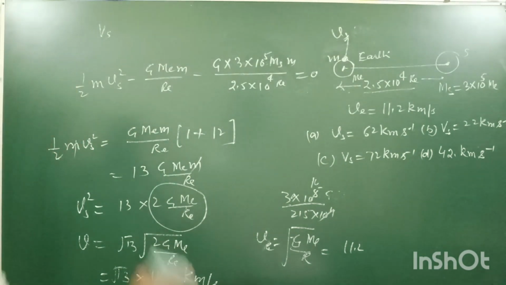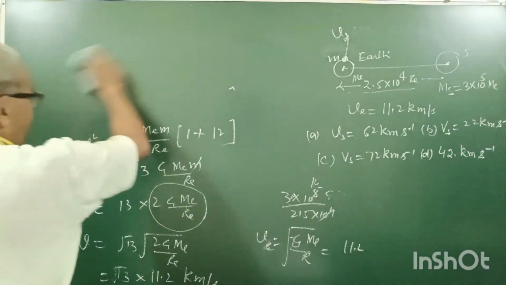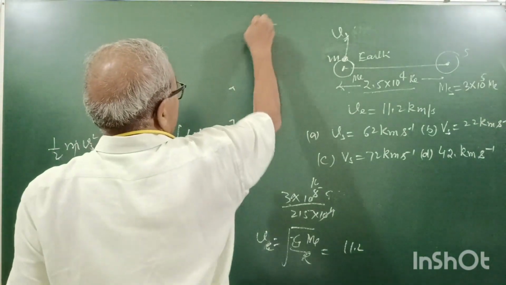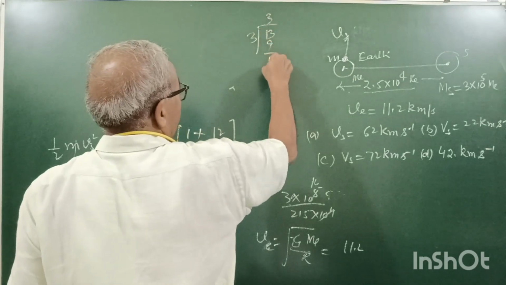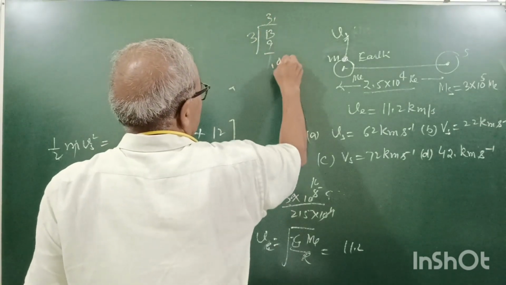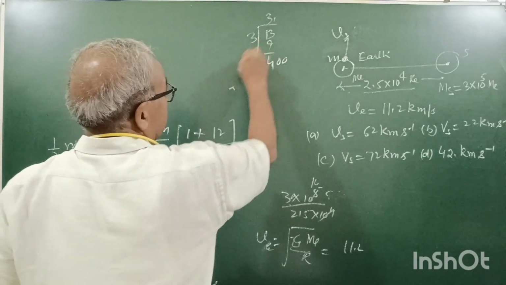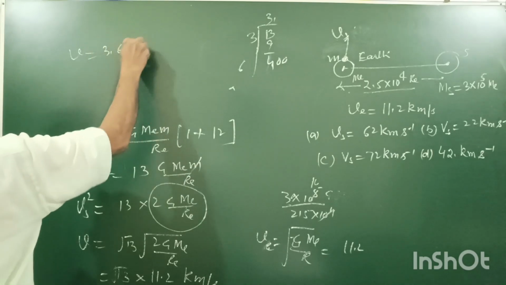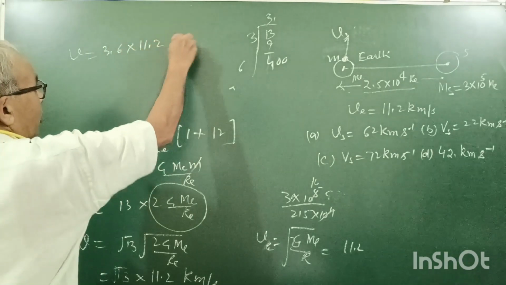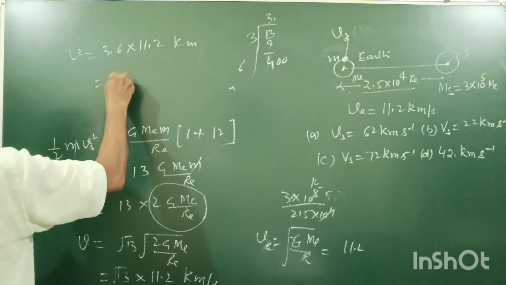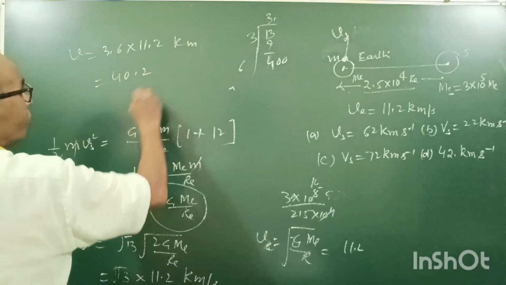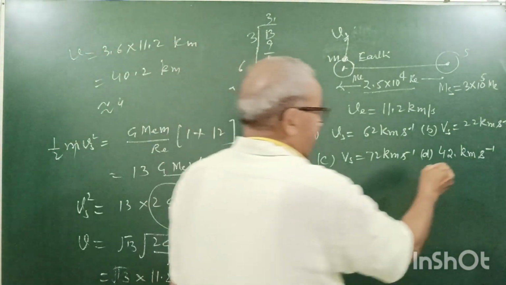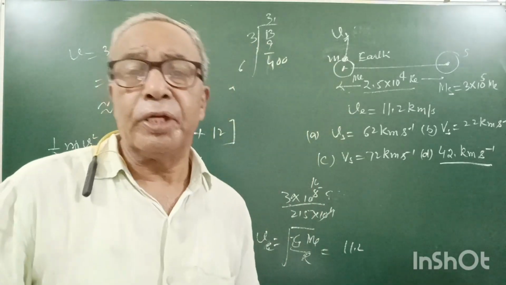Root 13 is 3.6, since 3 times 3 is 9 and 6 times 6 is 36. So V comes out 3.6 into 11.2 kilometer per second, which is 40.2 kilometer per second, nearly 42 kilometer per second, the closest. This is the answer here.